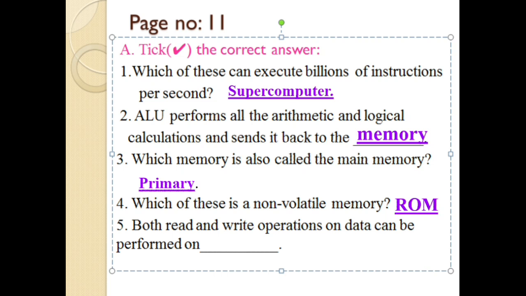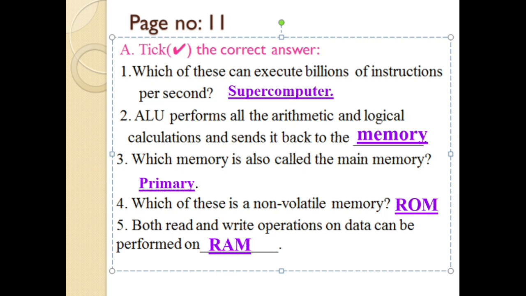We can read the data and also modify the document; that is called RAM. So billions of instructions will be executed by a supercomputer. Any arithmetic calculation, after the work is finished, will be given to the memory. And there are three names.